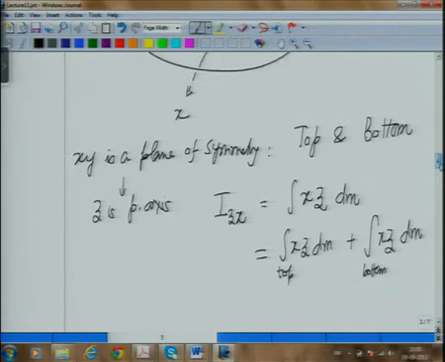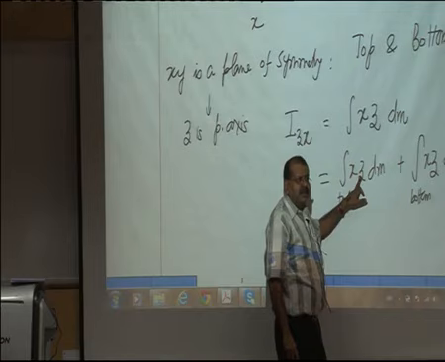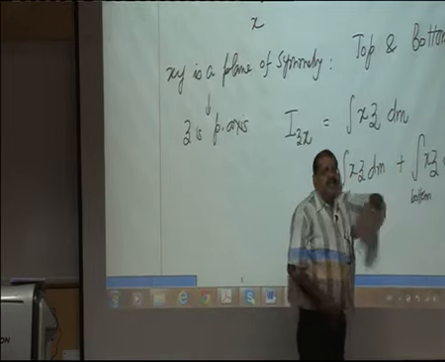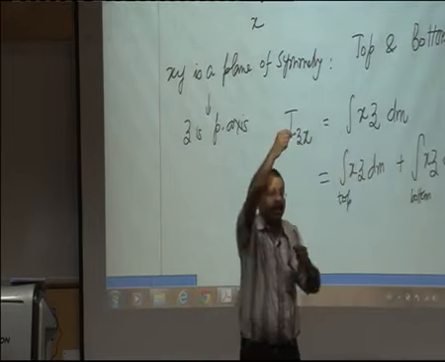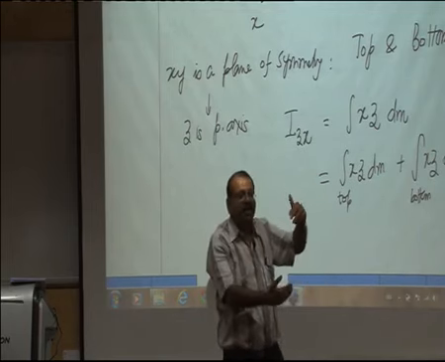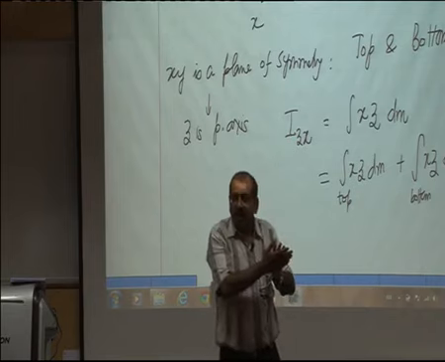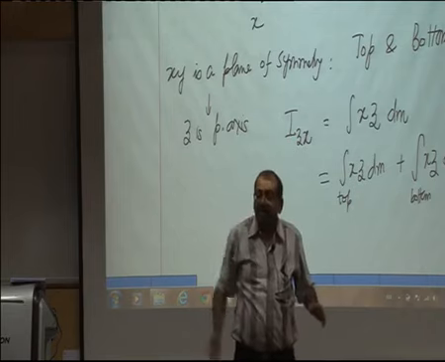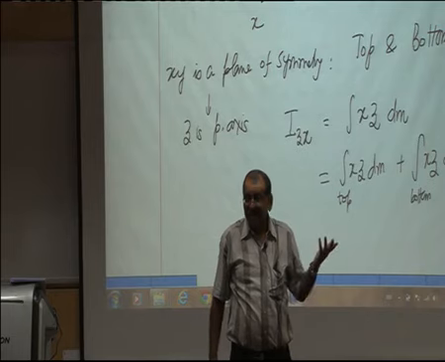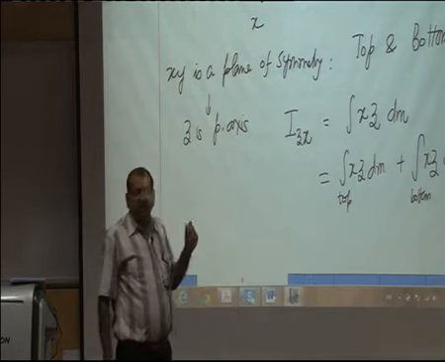Now since xy is a plane of symmetry, for each x which is common, there is a z and a minus z. Wherever the top part takes the value z, for the same x the bottom part will take the value minus z. So when I add the two, what do I get? 0. And when I add it up over the entire body, what will I get? 0. So that means Ixz will be 0.